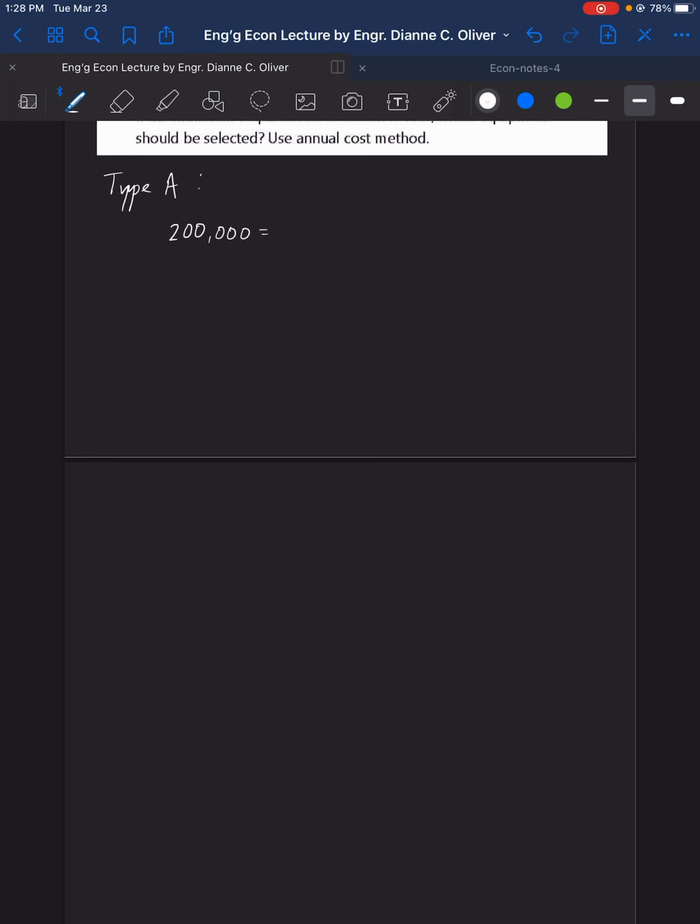Therefore, all we need to do is find the annuity, using the formula for future worth of annuity, 1 plus 0.15 raised to 10 minus 1 over 0.15. We're actually looking for the depreciation. So we get A equal to 9850.41 pesos. So this is the depreciation cost.